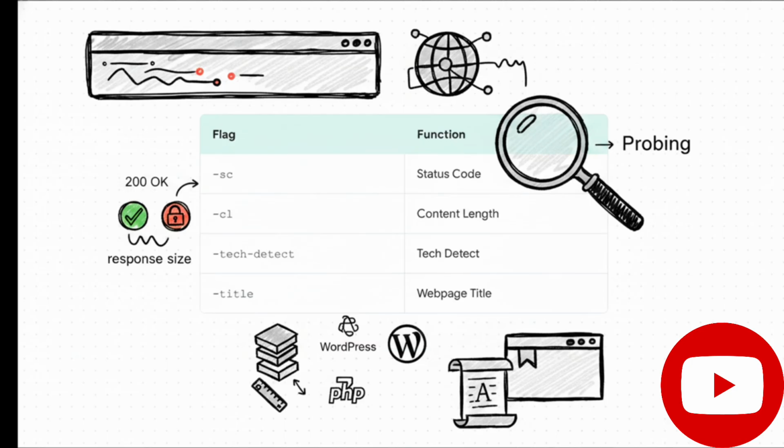Then there's -cl for content length. That literally gives you the response size in bytes, which is phenomenal for spotting weird anomalies. But honestly, my absolute favorite is -tech-detect. Run that and HTTPX magically tells you if the target is running WordPress, React, PHP, you name it. And finally, -title will just neatly pull the web page title for you so you know what the site is about without ever opening a browser.